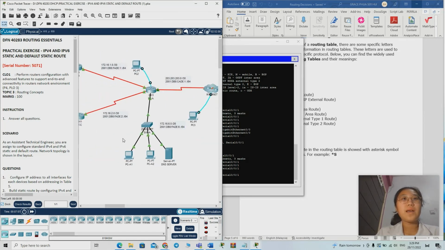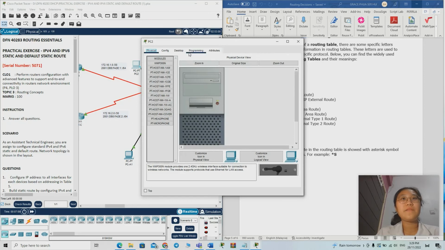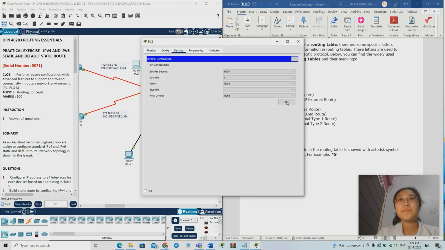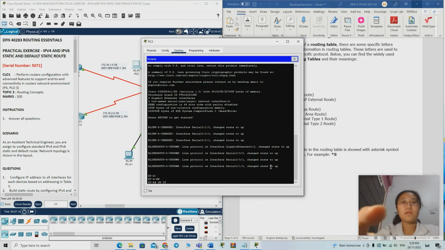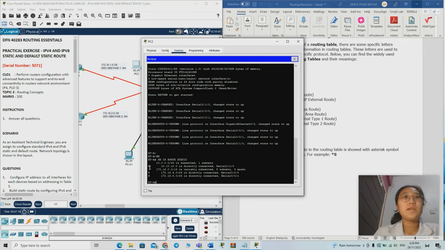And for RTA, let's see the difference. There are only 3 static routes configured, and they have different outgoing interfaces.